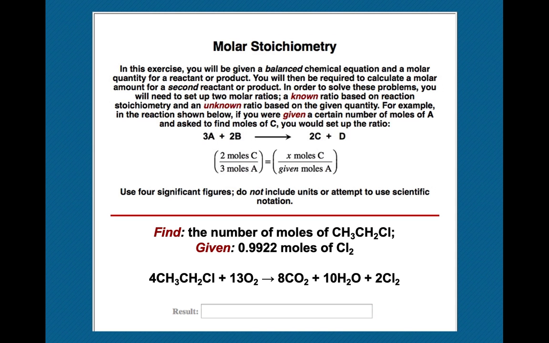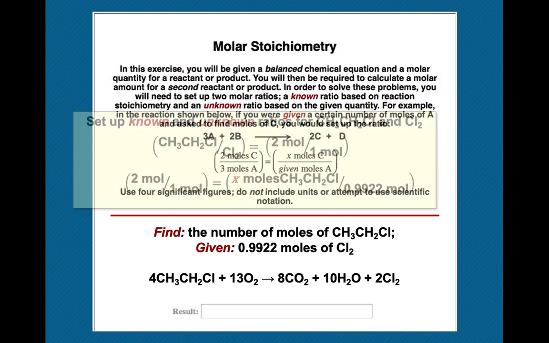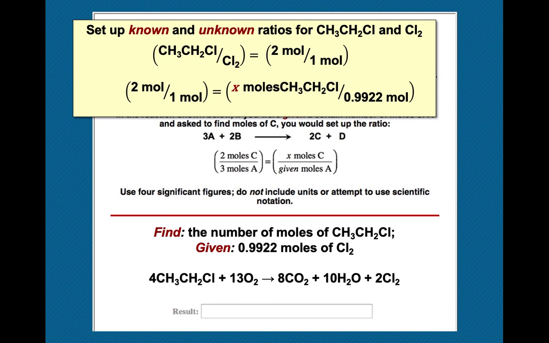Now you can write your known ratio as 4 to 2, or you could just do 2 to 1. It doesn't matter. 2 to 1 is fewer numbers. Here's our known ratio, here's our unknown ratio. That's the find and the given.